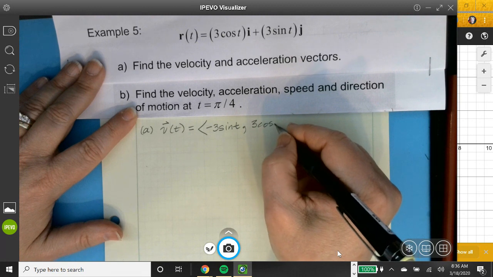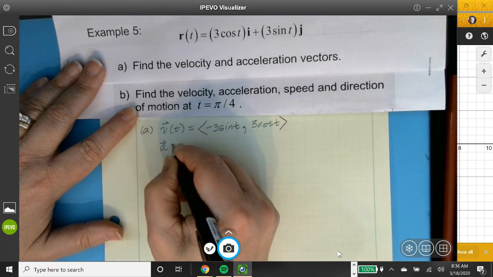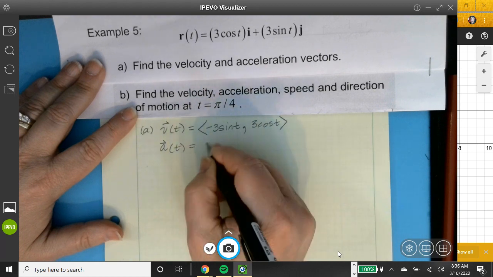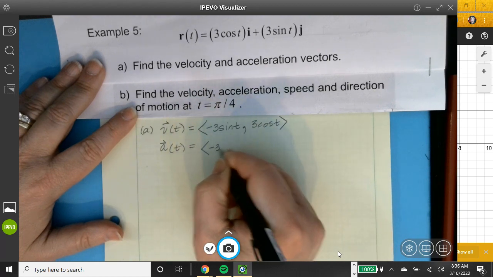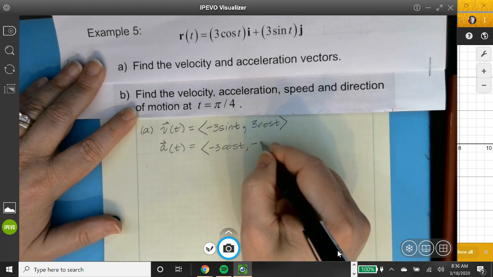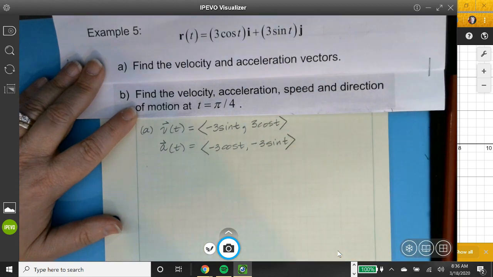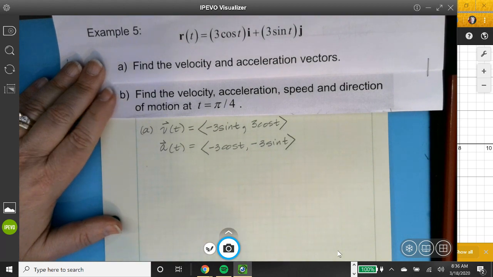Easy points. And then a of t, the acceleration, is just going to be the derivative of the velocity, which is going to be negative 3 cosine t, and then negative 3 sine t. Easy enough. So we have position, velocity, and acceleration.